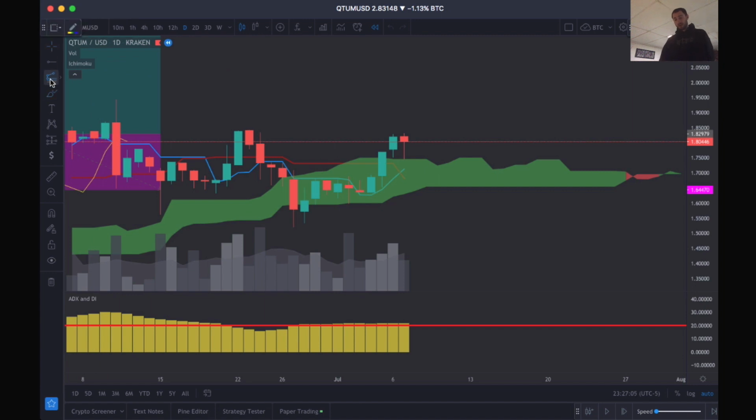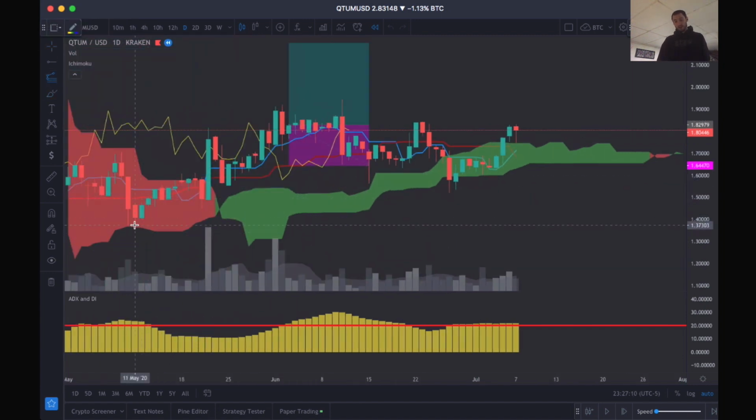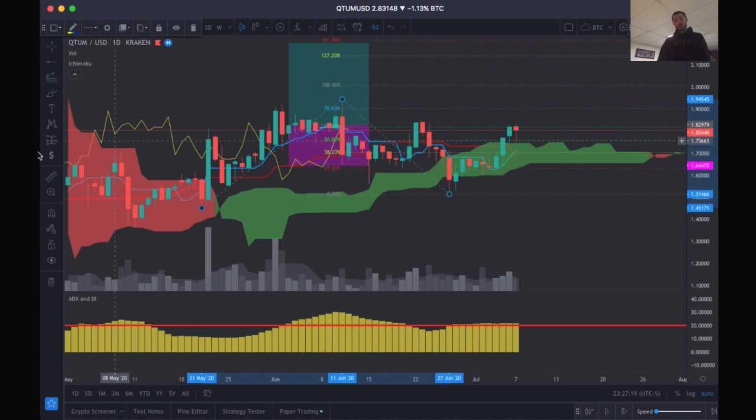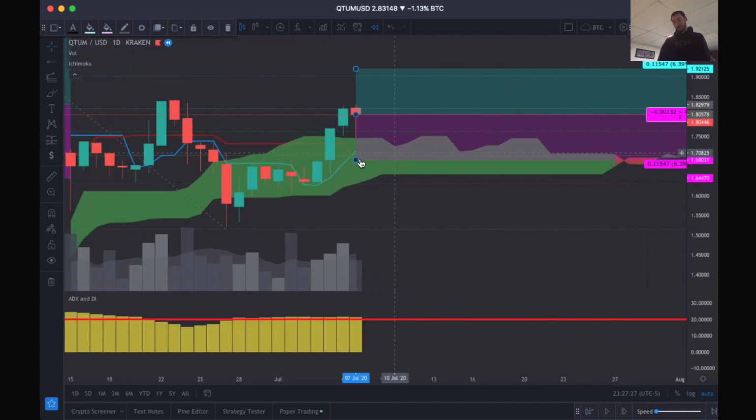So we'll take our fib-based extension tool, and the lowest local low would be like right here. Then the highest high would be right here, and the highest low would be like right there. So we would take this trade, and I would make the lowest low probably right where this crisscross is happening, and it's also the lowest low right here, which means that I'm going to bring this to be 2 to 1.